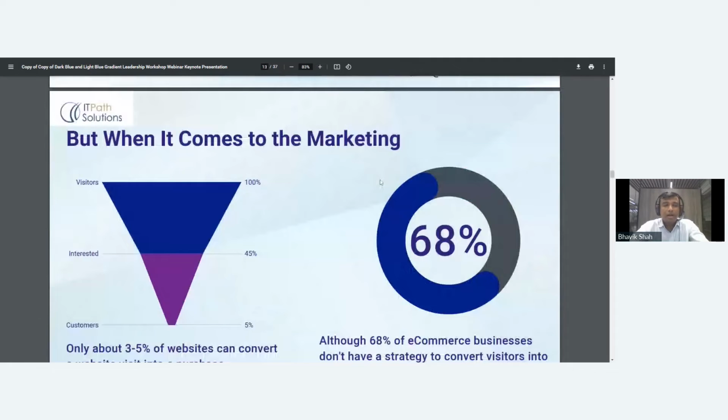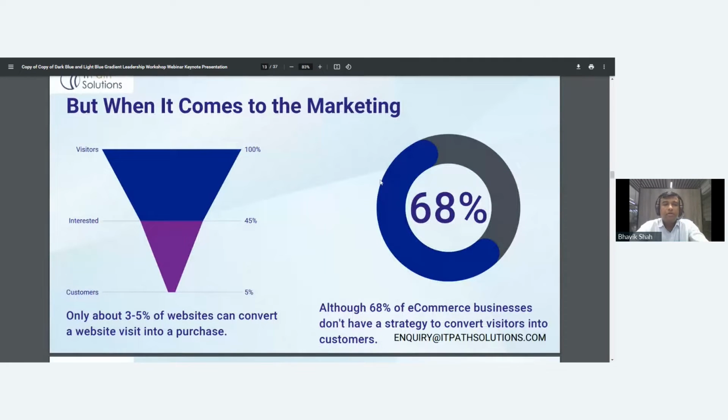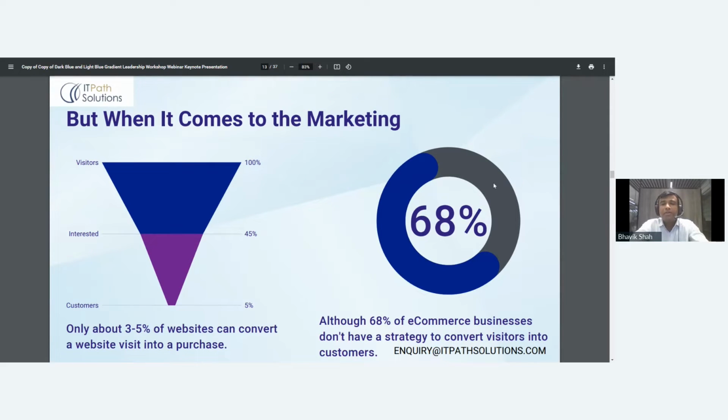Now, when it comes to marketing, a few of the research reports say that only 3 to 5% of the people who visit your website become your customers. And 68% of e-commerce businesses don't have a strategy yet to convert visitors to customers.